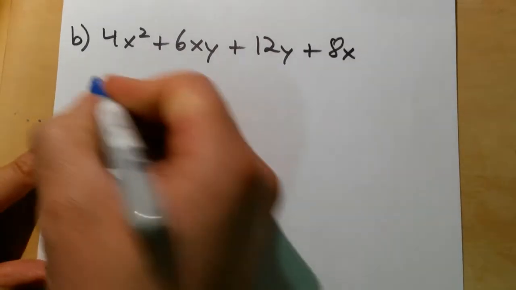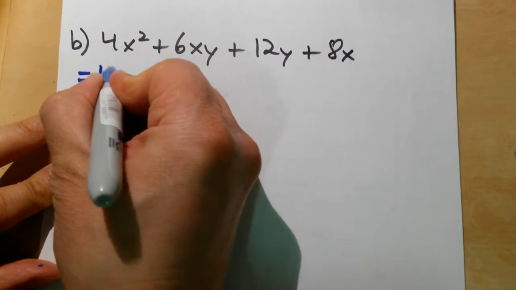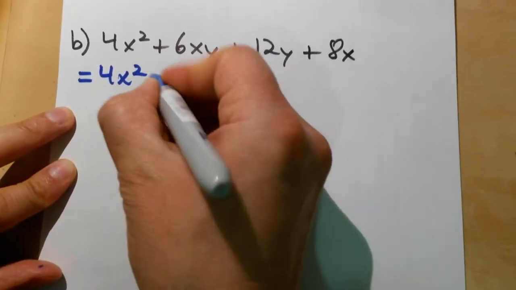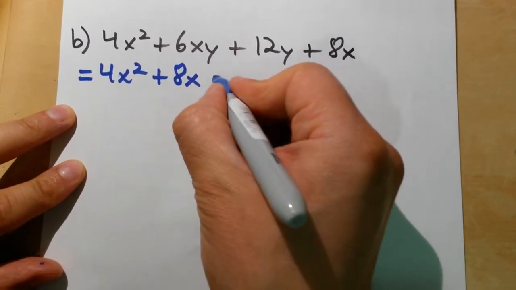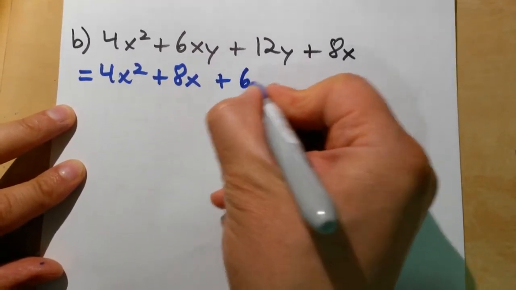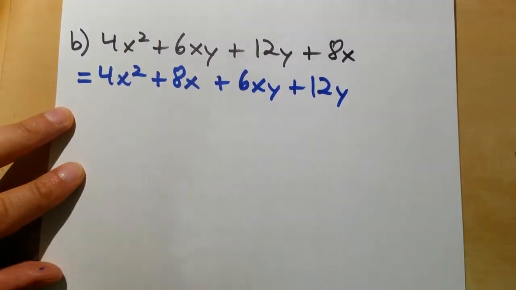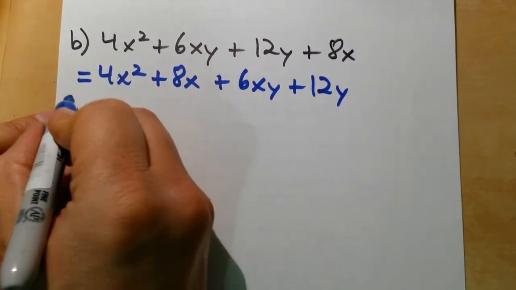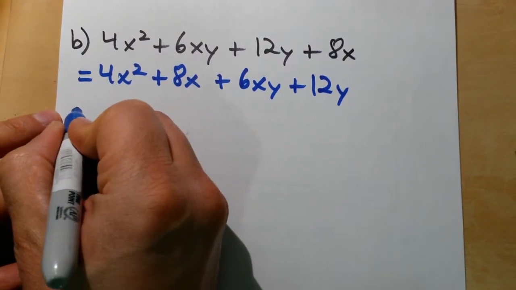So let's just rewrite this question: 4x squared, and since I'm going to group these two, we might as well put them together, plus 8x, and then we have plus 6xy plus 12y.